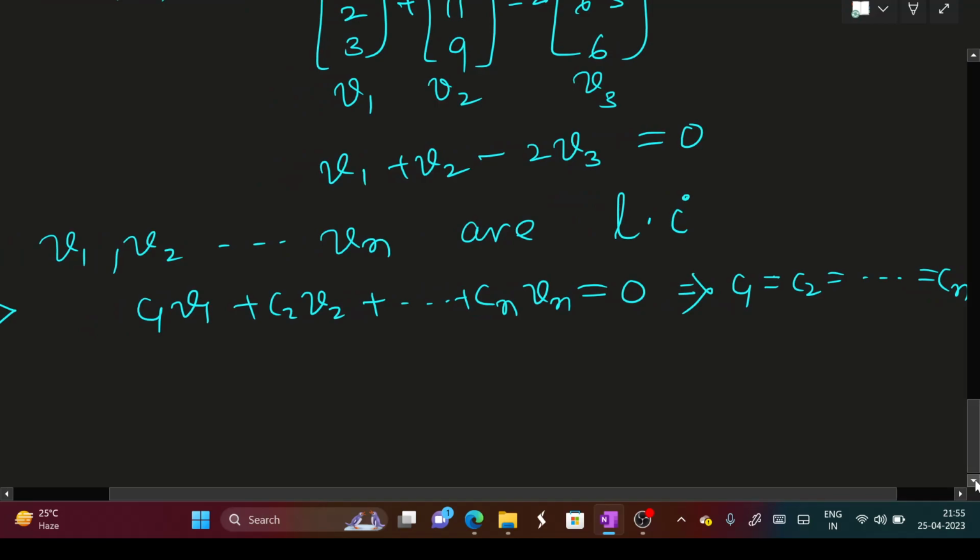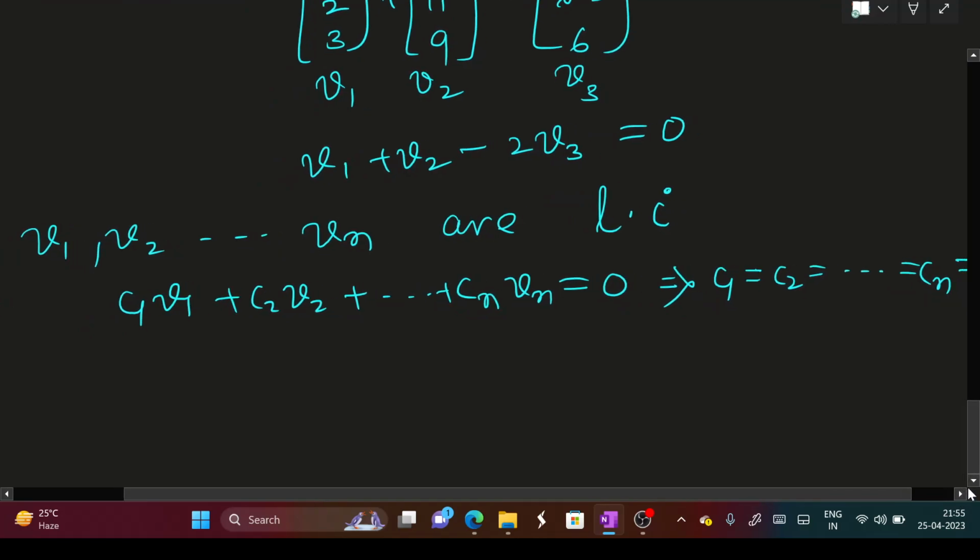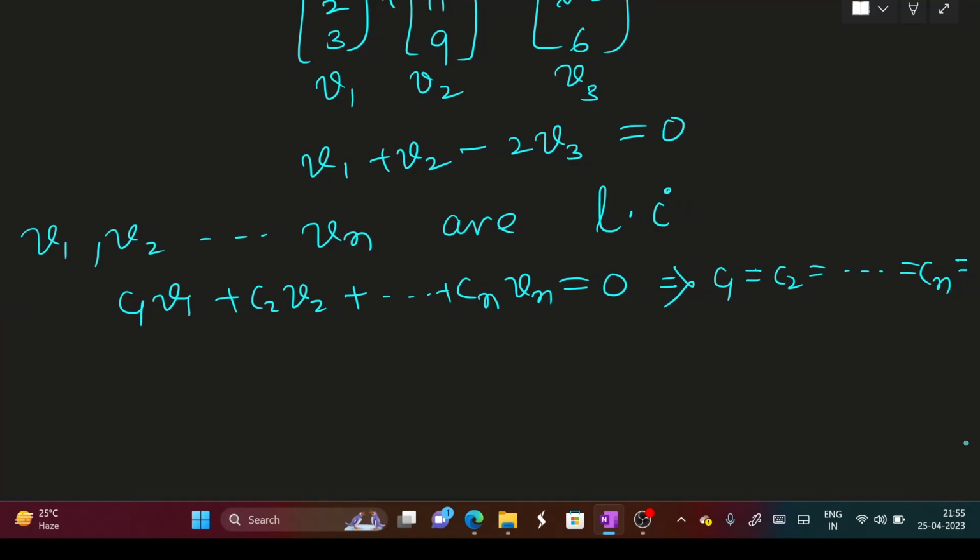If there exists one non-trivial linear combination between the vectors v1 to vn which can be equated to 0, then it is linearly dependent. For example, suppose here V1 coefficient C1 is 1, C2 is 1 and C3 is minus 2.